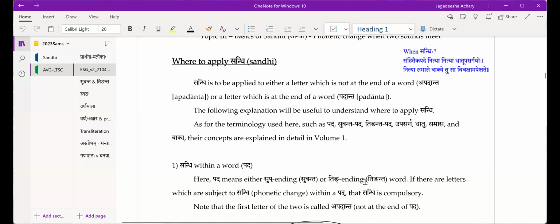So dhatu is the basic word, and you add a verbal suffix or ting pratyaya. Sup pratyaya is called the nominal suffix or noun suffix, and the ting pratyaya is called the verbal suffix. So the verb is the basis, and you add a pratyaya.